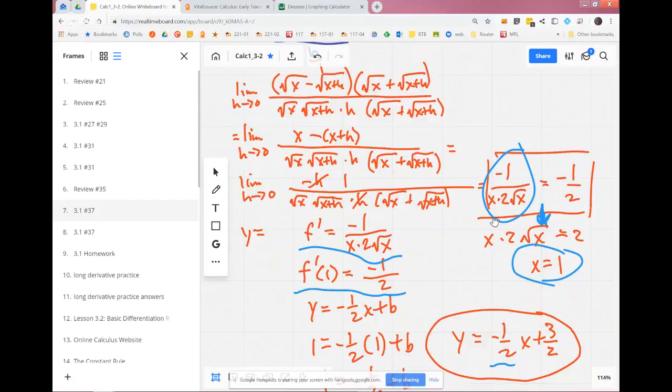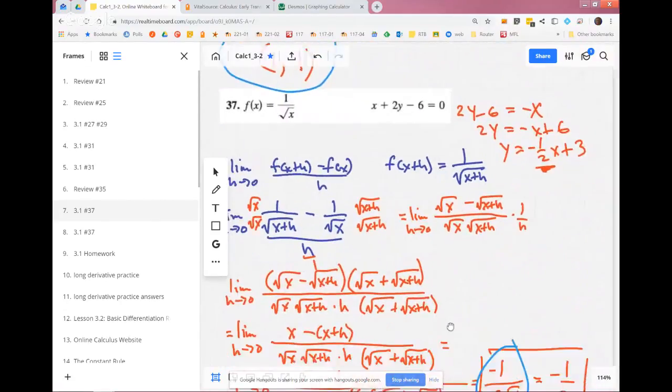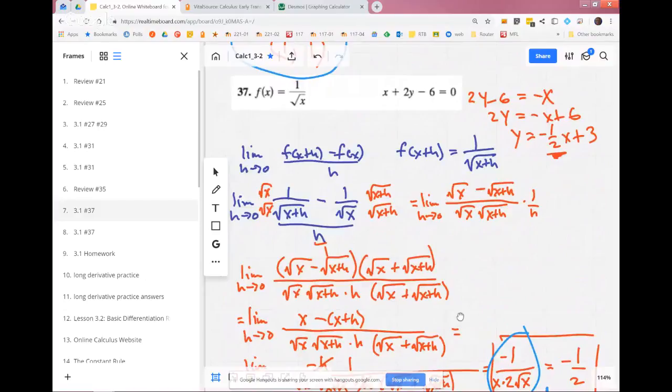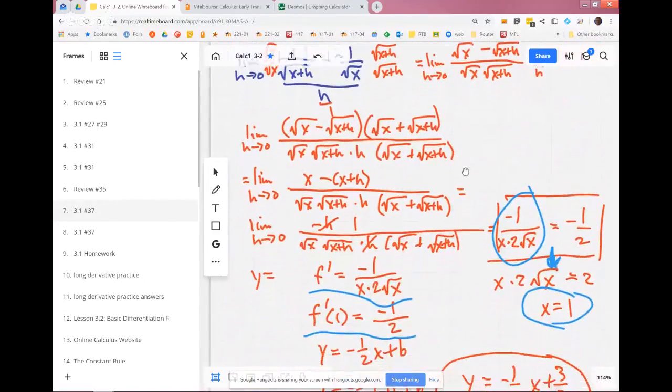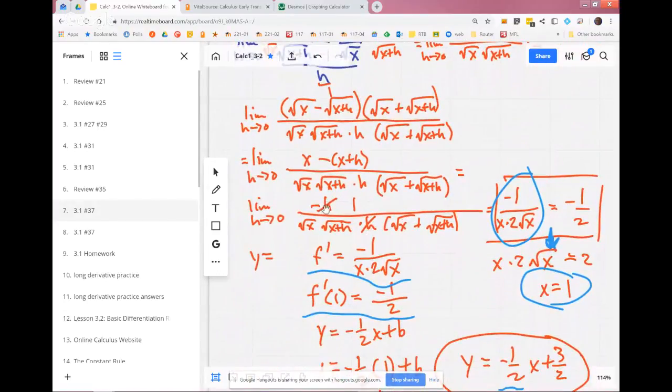Does anyone need me to go through that? That's basically this whole section in here where we use conjugates and then simplify and finally cancel h's, and then I come to the derivative.